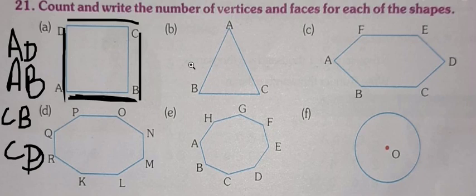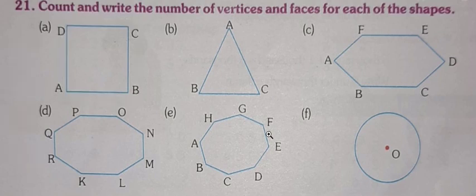So here we are. There are four faces: AD, you can write DA; AB, you can write BA; BC or CB; and DC or CD. So there are four faces and four vertices. Would you please name the vertices?